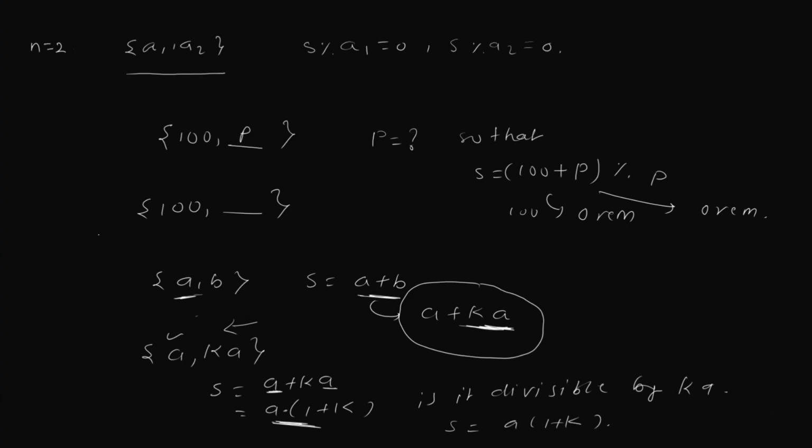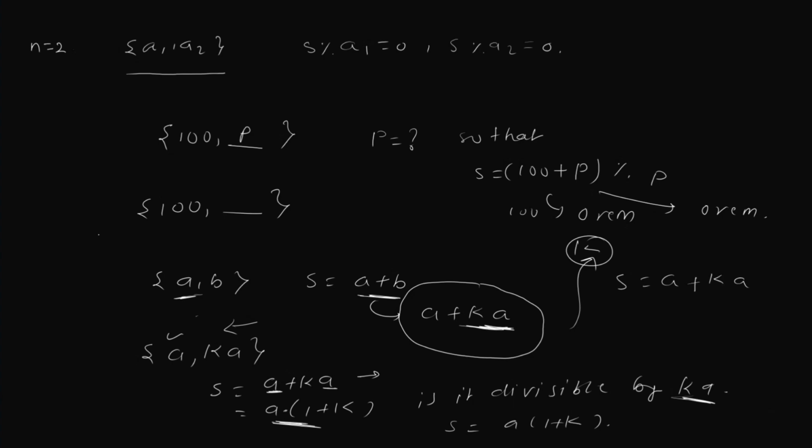So when will it be divisible by ka? What is the value of k which would make the sum divisible by ka? So let's suppose S is equal to a plus ka.